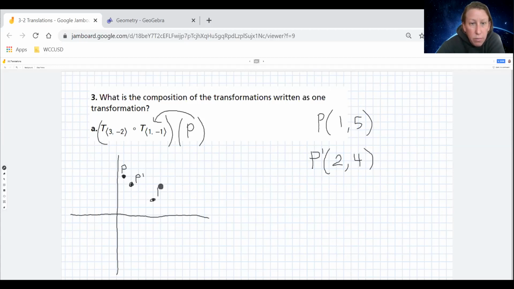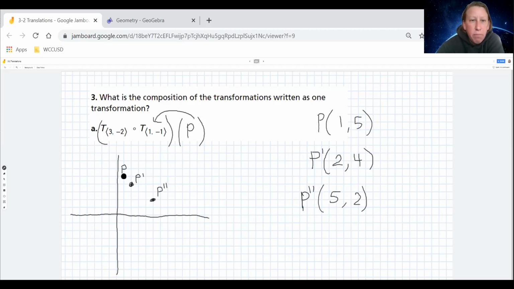This is going to be P double prime because I did two different transformations, 2 translations. So P double prime, I would take this one and I would add 3. So that's going to be 5. And I have 4 and I'm going to take away 2. So 1, 2, 3, 4, 5, 1, 2. Yay, I did it.